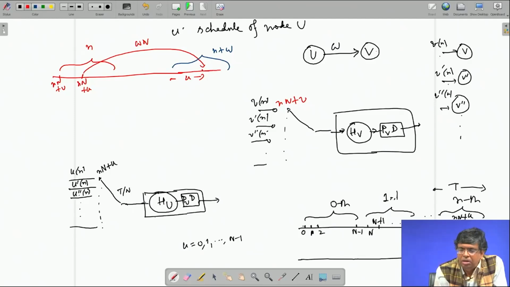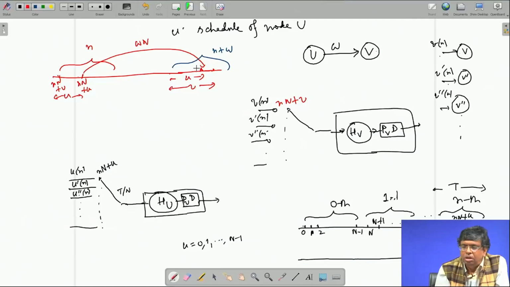It is doing maybe further to the right, this much may be V. That means, even if after getting processed here and then getting delayed by Wn, it has come here. You understand, it will be again, if this is small u, this also small u, because you are jumping by an integral multiple of capital N. If you jump by capital N, 2n, 3n, whatever, you will hit the uth point only, so u.